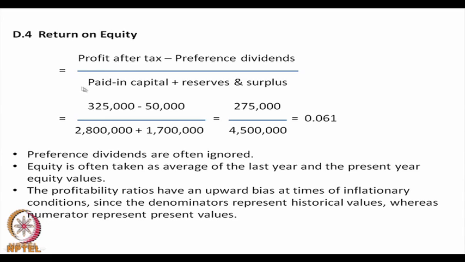Because paid in capital, the shareholders may have paid their money 5 years ago, where the price index was less, but profit after tax is much higher today, and therefore this may give a higher value. This is the danger of the return on equity, and in fact, for all profitability ratios.